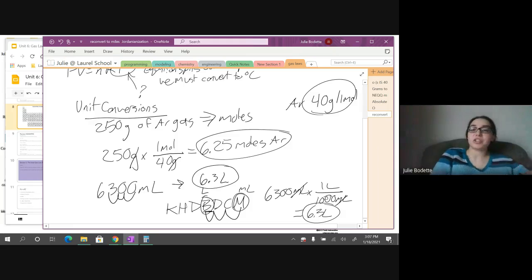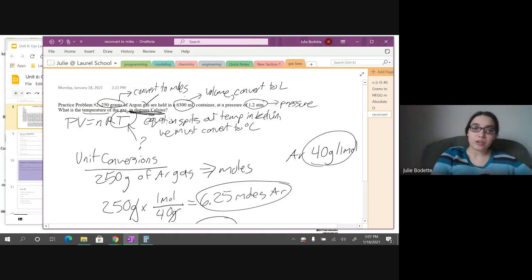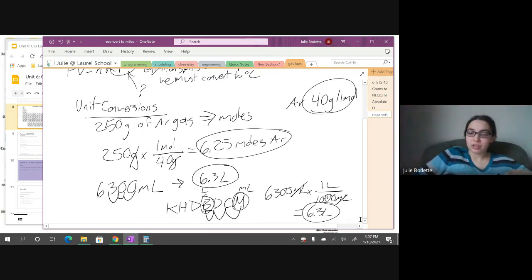It doesn't matter which way you do it, whichever you're most comfortable with. So volume converted, check. Pressure's already in atmospheres, that's good. And we need to remember to convert the temperature at the end, but that won't happen until we plug things in. Okay, so I think we are ready to plug things into our equation.